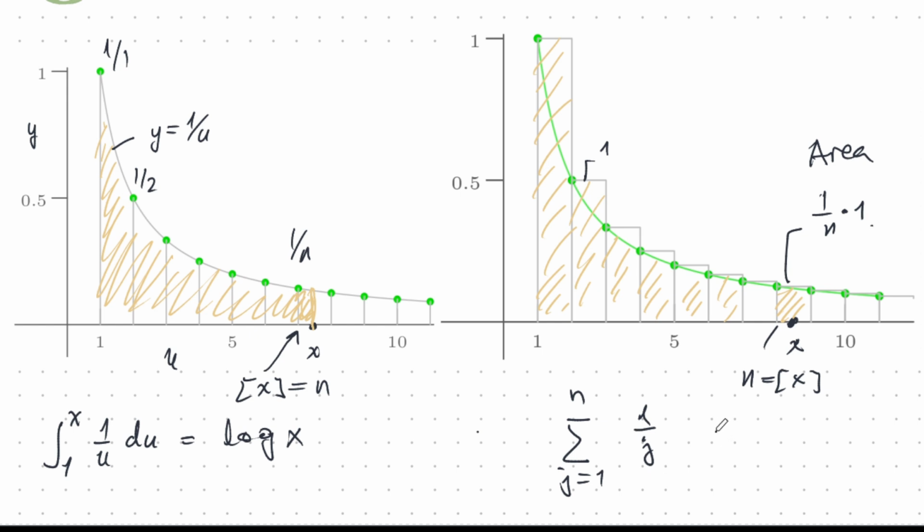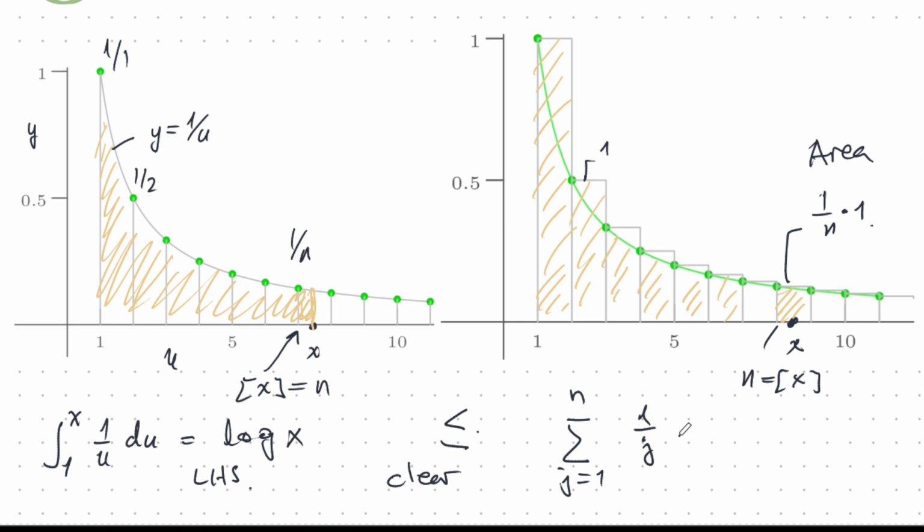And I'm sure you can see that this is always bigger than the left-hand side. So this is a beautiful inequality. This is clear by geometry. This is a beautiful inequality which Euler used in an amazing way, as you will see in the next part.